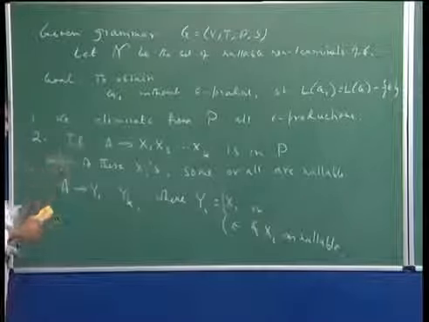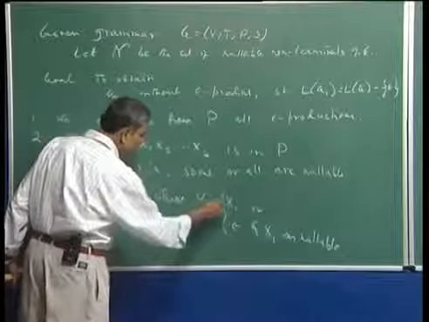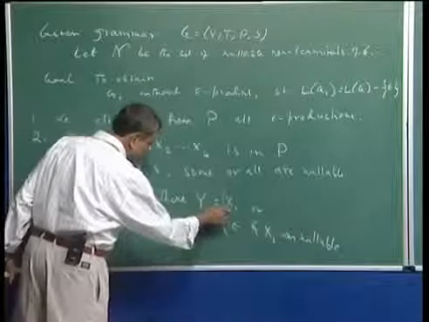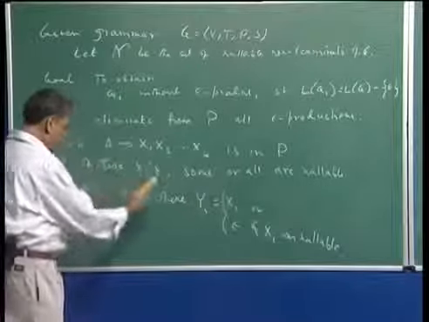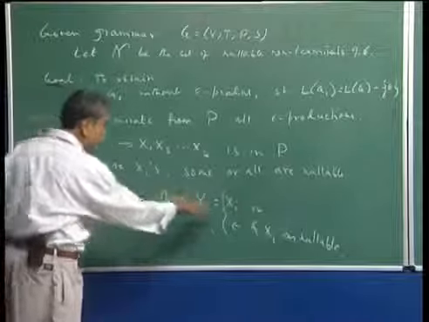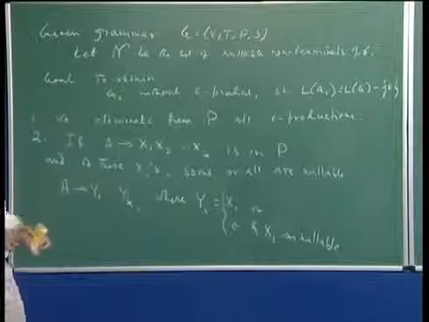In general, we are adding many, because this choice is there. If xi is nullable, then the right hand side of the production can have either epsilon or xi itself in its place.